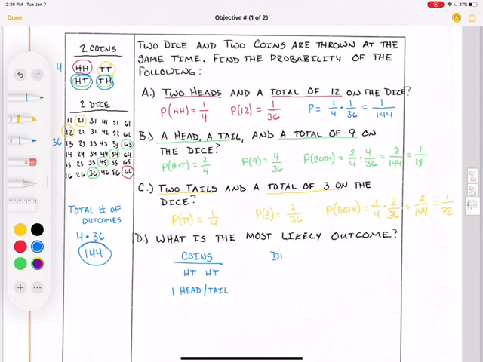The dice, to find the total that occurs the most, you're just going to cut this thing in half. Literally, you're going to go up the middle. Okay? Every single one of these pairs adds up to be 7.